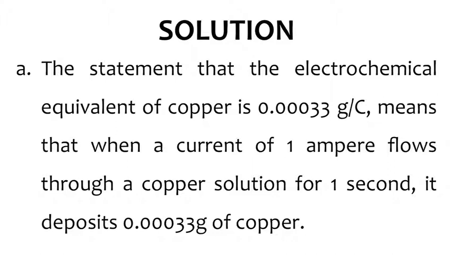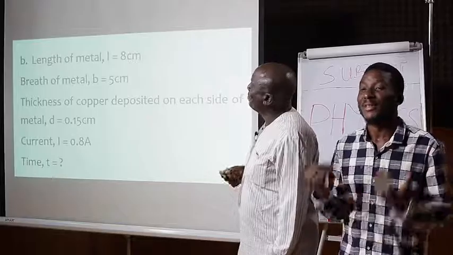We take the first one, A. The statement that the electrochemical equivalent of copper is 0.00033 grams per coulomb means that when a current of 1 ampere flows through a copper solution for 1 second, it deposits 0.00033 grams of copper.